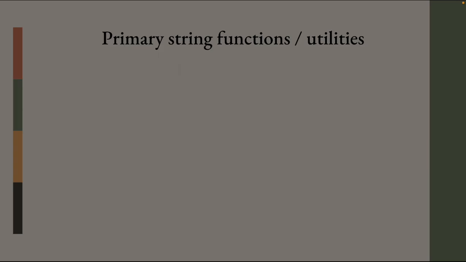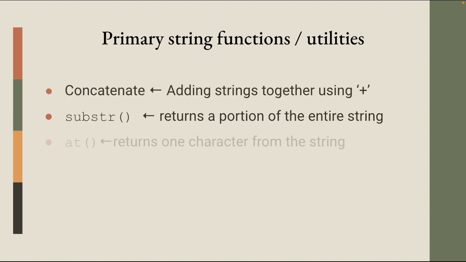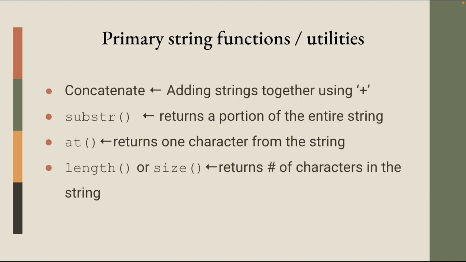So back to your string functions. These are the main 4. One of them is not actually a function, it's more of a utility, which is concatenation, and that's just joining strings together with what? The plus. The 3 functions after that, substring and at are similar in a way. Substring gives us a portion of a string.